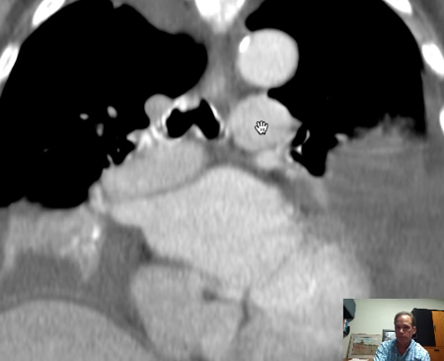Those left and right main pulmonary arteries are normally quite a bit smaller than the aortic arch, as you can imagine. Instead of the aortic arch, which is supplying almost the whole body, the left main pulmonary artery is just supplying one lung, the left lung. So this is a finding that indicates pulmonary arterial hypertension.